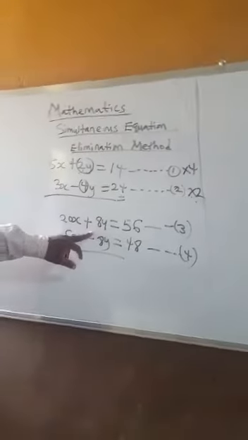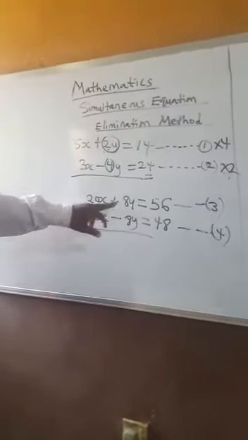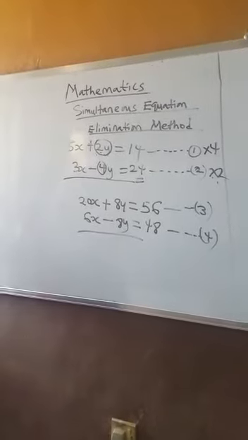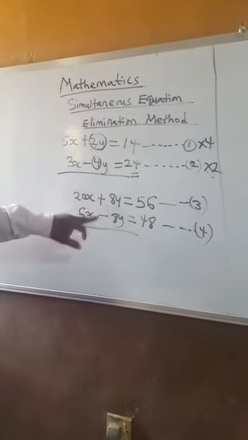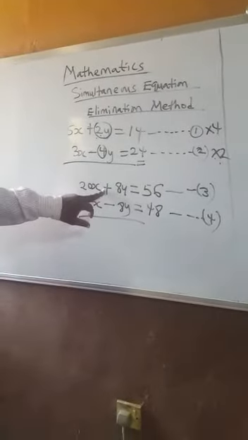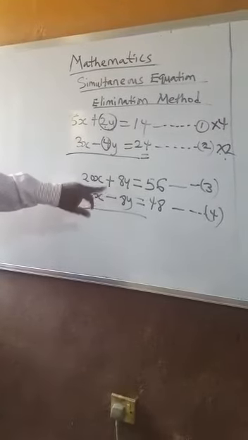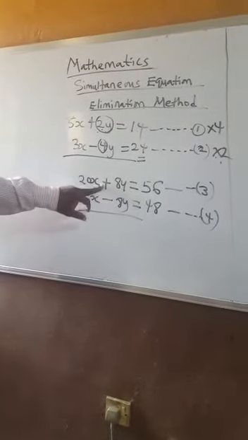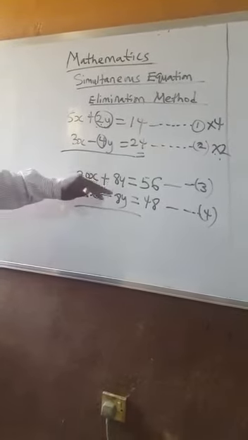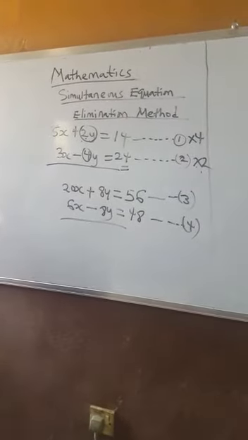Whenever we have different signs, we add the equations together. Listen again. Whenever we have different signs, that is where most students miss it out. When we have plus and minus, or minus and plus, these are different signs. That means the equations have to be added. But in case we have the same sign, it will be subtracted, for instance minus minus or plus plus.